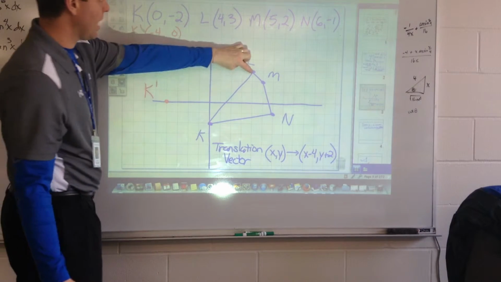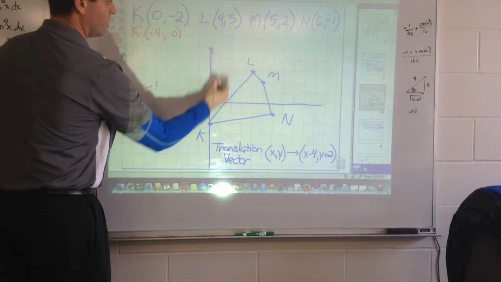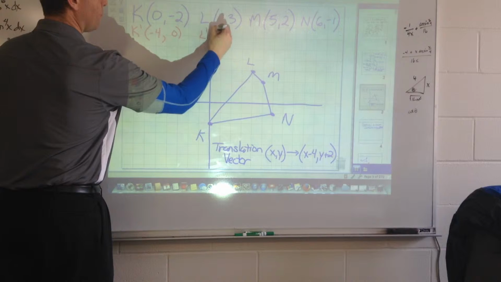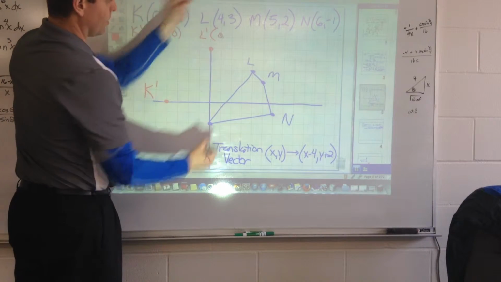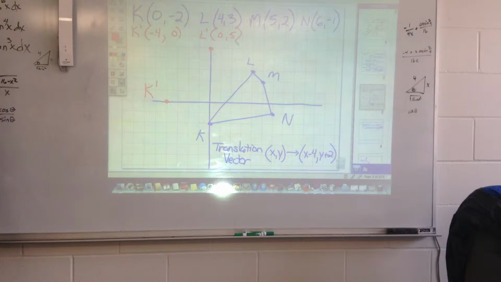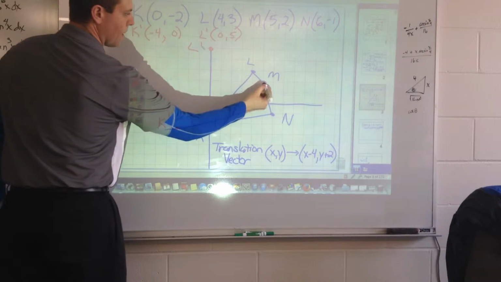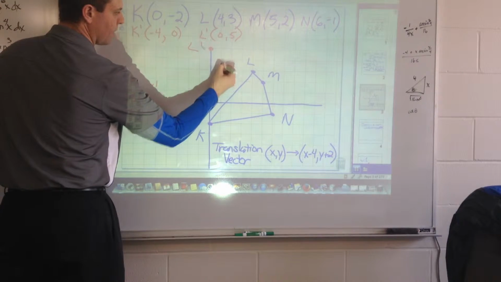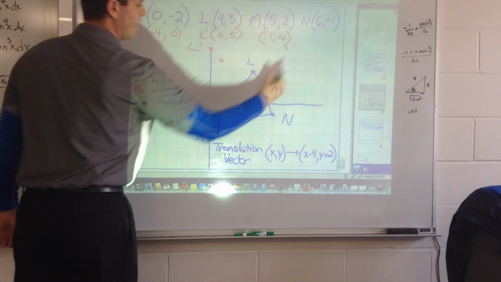We're going to take L and move it left 4 and up 2. So L prime would be located at 4 minus 4 is 0, 3 plus 2 is 5. So there's L prime right here. M prime, 1, 2, 3, 4 left and 2 up, would be located at 1, comma 4.